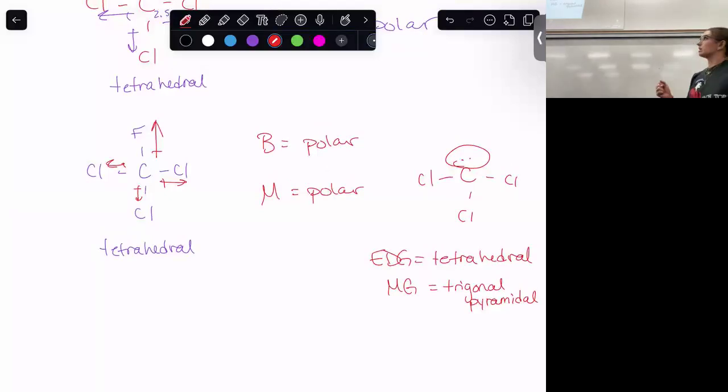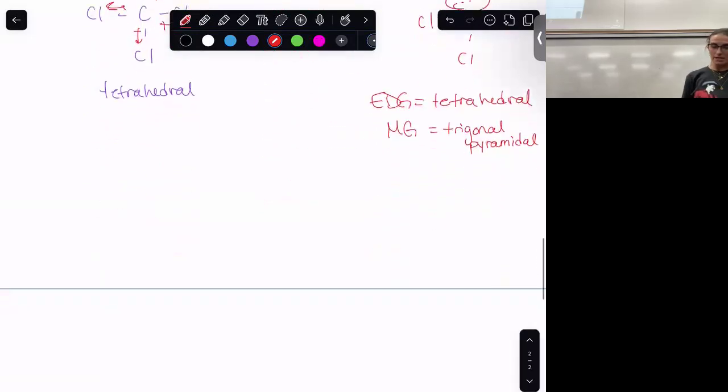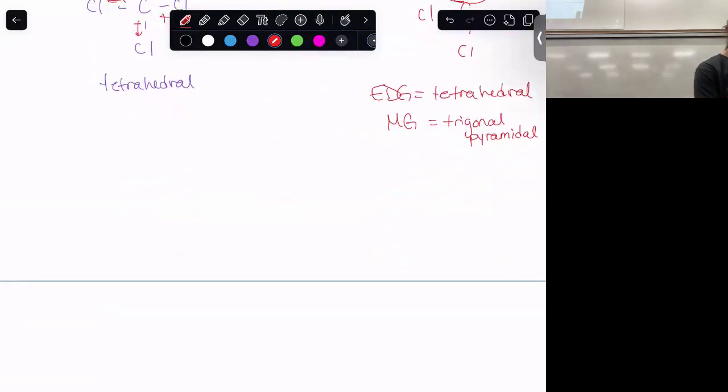All right, so the fun one I like to ask is what if you had CCl2F2? What would that one look like? So I drew mine like this. Did you draw it differently or the same?